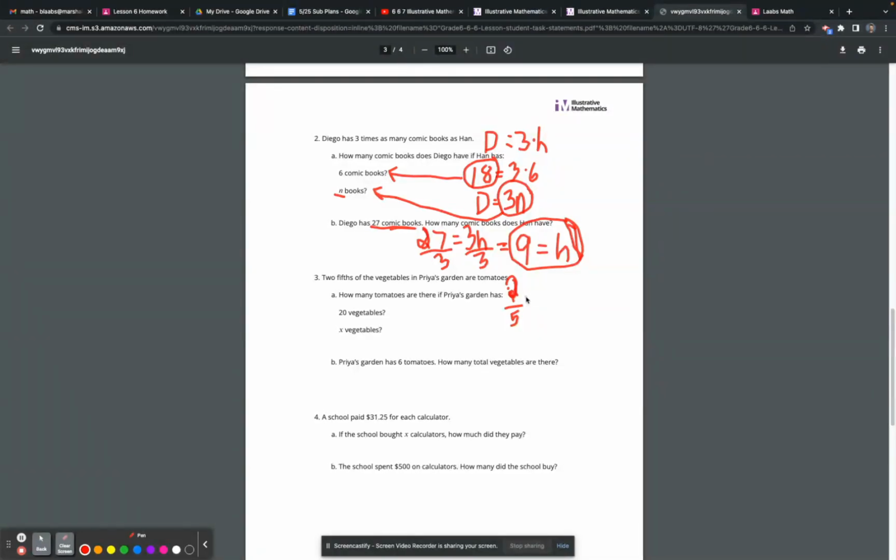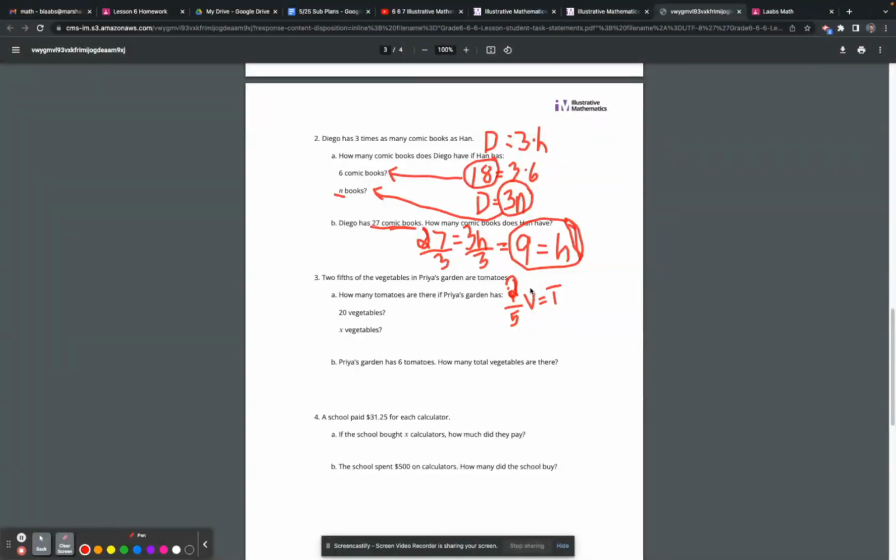So 2/5, I'm going to say V for vegetables in Priya's garden are tomatoes. So 2/5 times the amount of total vegetables will give us the amount of tomatoes that are in her garden.